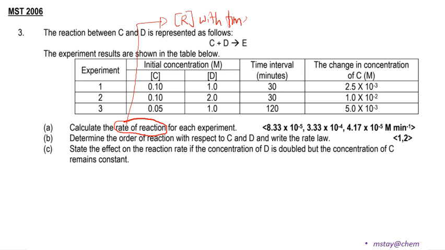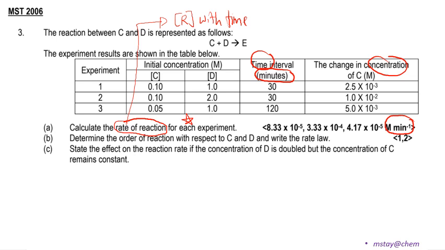So when we have the concentration and the time, we will be able to determine the rate of reaction. Please be alert here: they are asking for each experiment, so you need to give 3 rates of reaction. Also be alert to the unit of time given here, which is in minutes, so the unit here is molar per minute.